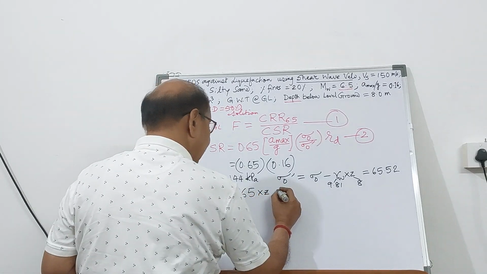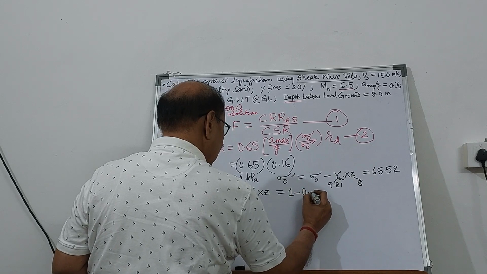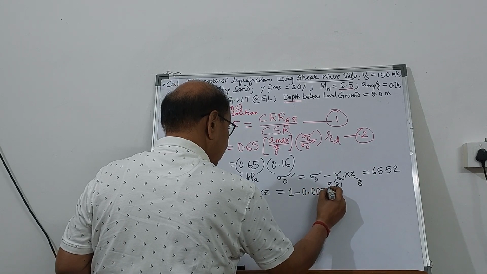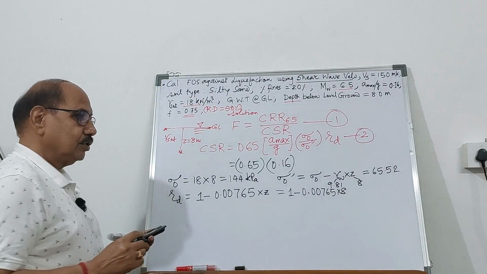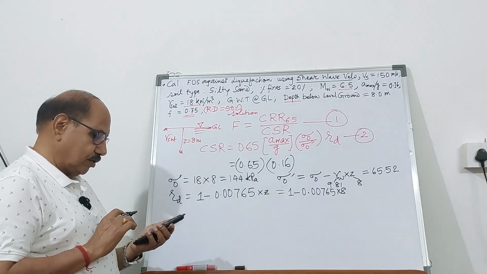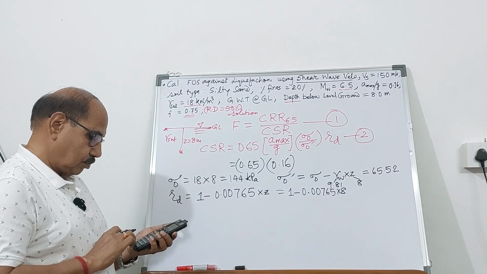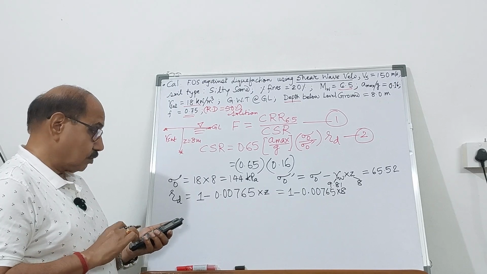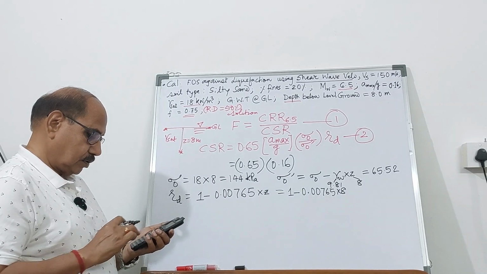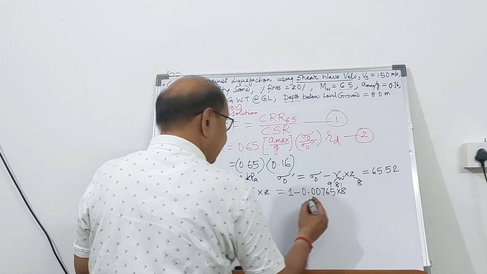So we can calculate it: 1 minus 0.00765 multiplied by 8. So let's calculate this value. So 1 minus, there is 0.9388.